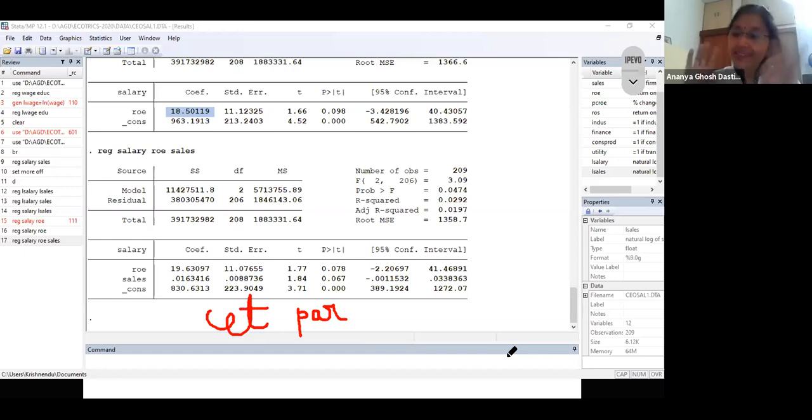You don't need to have actual data on two firms with exactly the same ROE and exactly the same sales. There may be no firms which have exactly the same sales, or exactly the same ROE. That can happen. So irrespective of the data, multiple regression is allowing you to estimate this very important ceteris paribus effect.